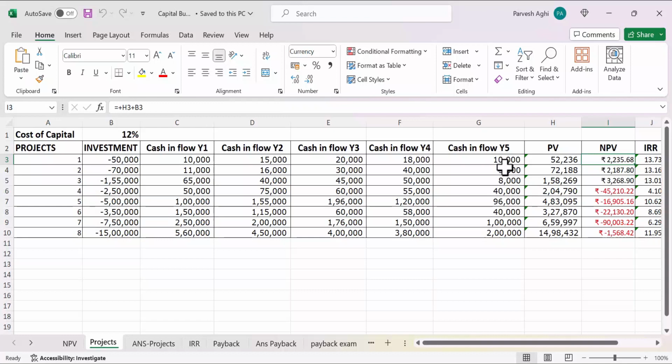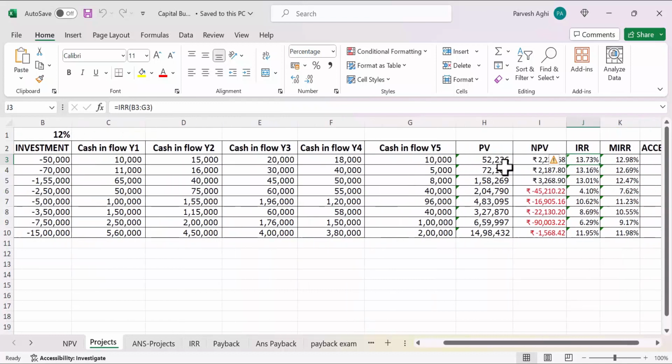Are you following? Okay. Then we calculate the IRR, which we use basically to calculate what kind of return the project is giving. So the project is giving 13.73%. Here we just use the formula called IRR, if you can see at the top, and highlight all the cash flows, from B3 right from here to here.